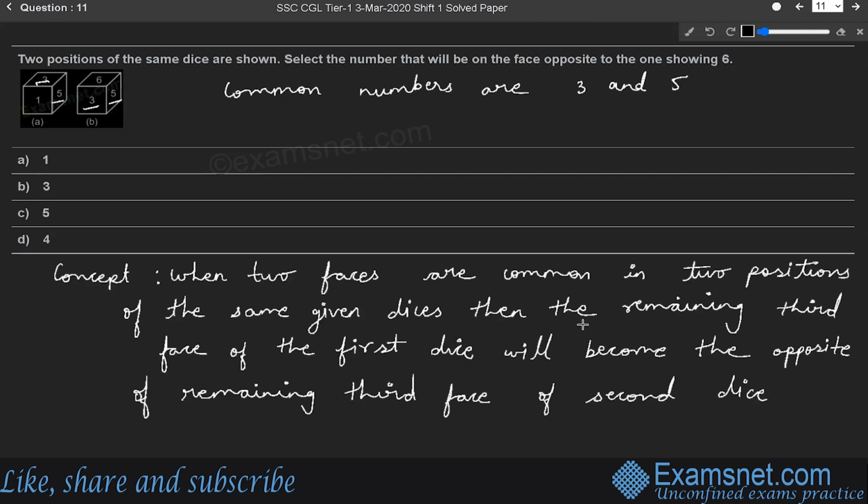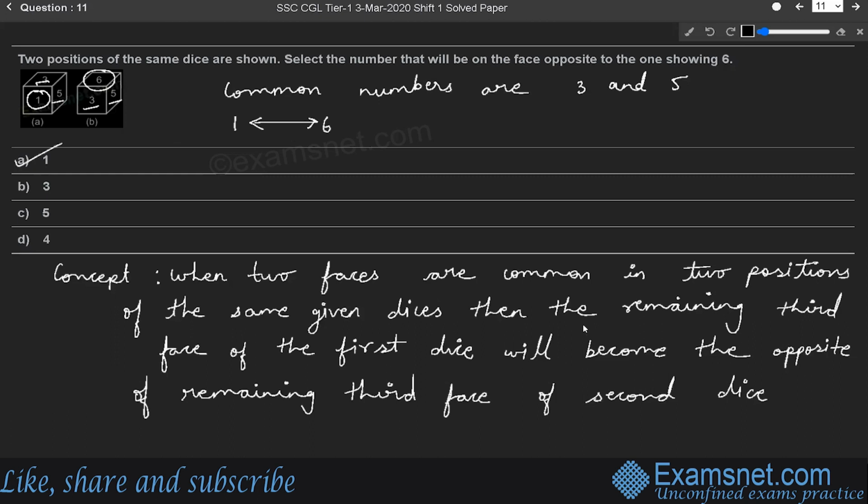Now, according to this concept, the remaining third face of the first dice will be opposite to the remaining third face of the second dice. So can you tell me what is the remaining number in the first dice? The remaining number is 1. And the remaining number in second dice is 6. So we can say that 1 will be opposite to 6. Therefore, the correct answer for this question will be 1, which is option number A here.